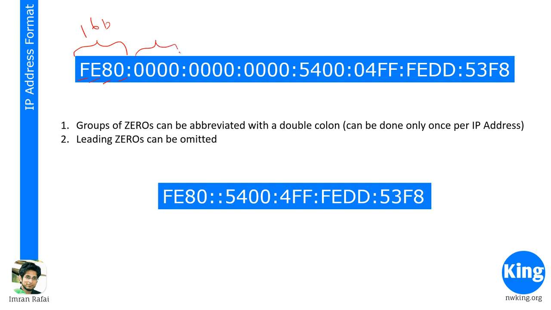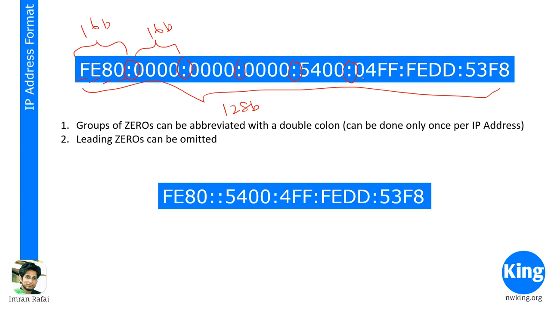Totally the whole space is 128 bits, like we discussed, right? Every 16-bit block is separated using a colon. IPv4 was separated using a dot, and that was dotted decimal form, but here it's hexadecimal. So 4 hexadecimal colon 4 hexadecimal colon 4 hexadecimal colon, that's how it is.